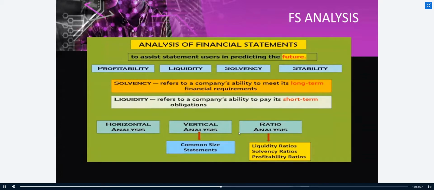So we're looking into the profitability, liquidity, solvency, and stability of the business just by looking through those different techniques of financial statement analysis.